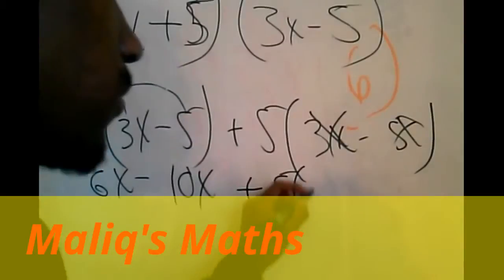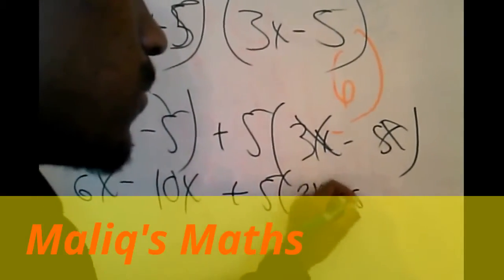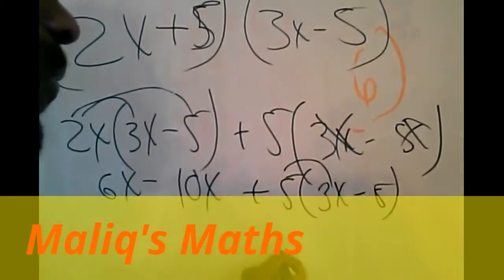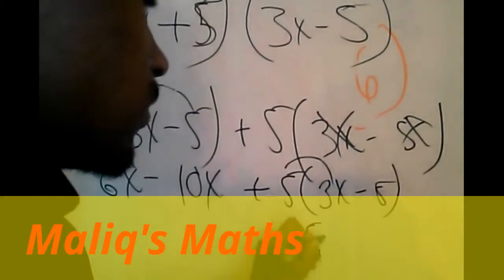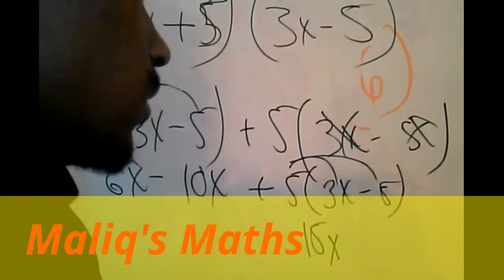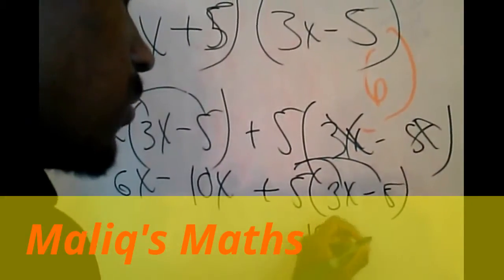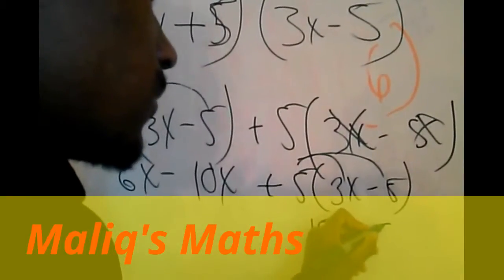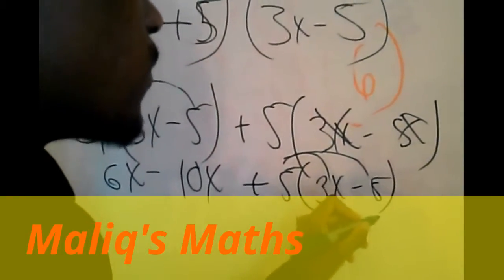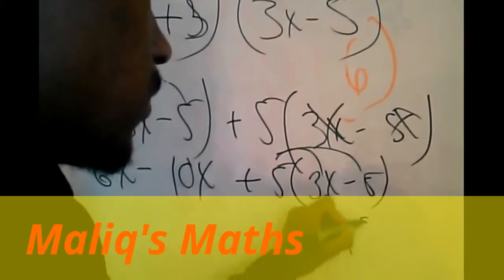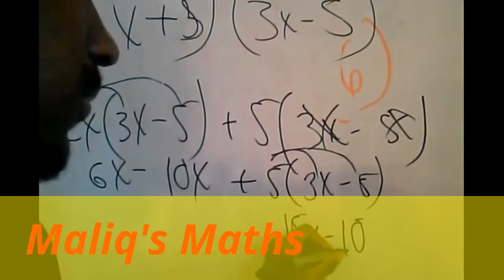Oh no, I didn't. 5x is 15x, and then minus 5, 10, 25.